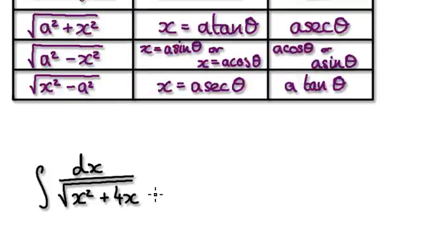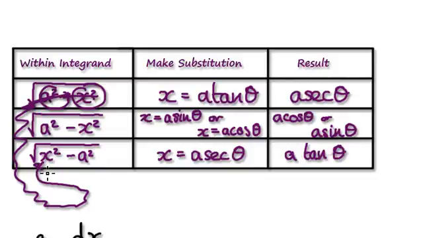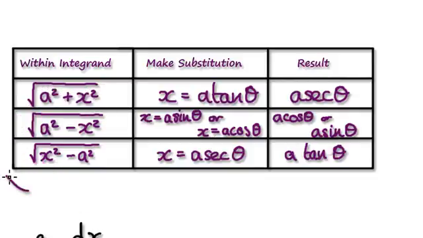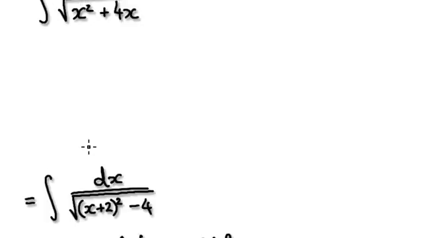Now, if you look back to here, earlier we had something similar to this, but then we used completing the square, and then we got to this stage here. So now we should be making use of this, because we've got something squared, take away a constant.